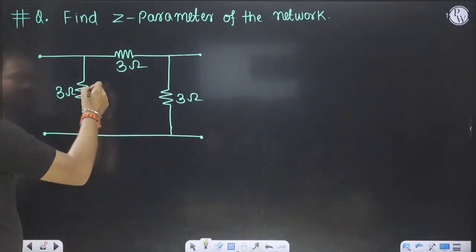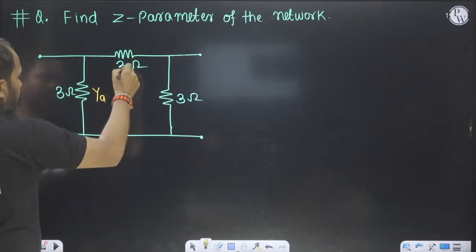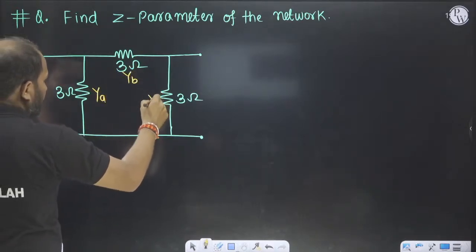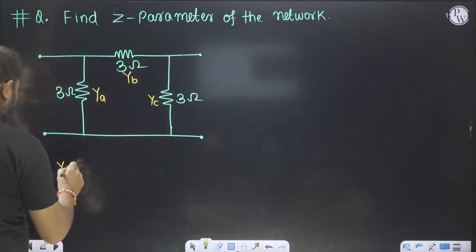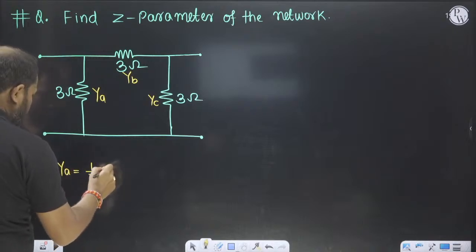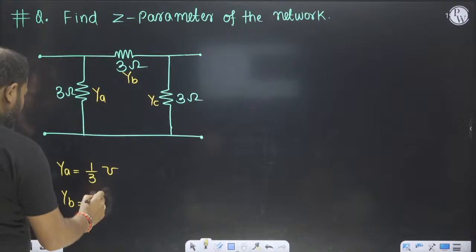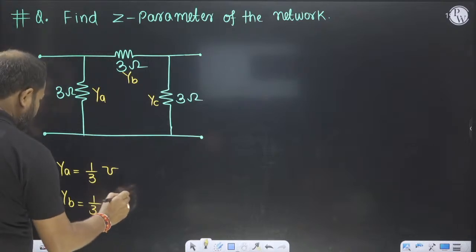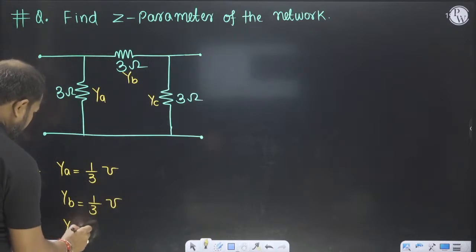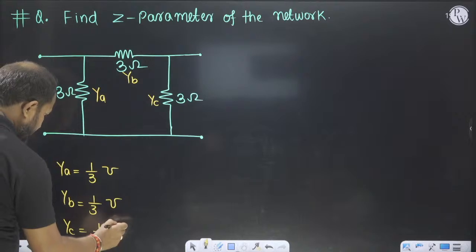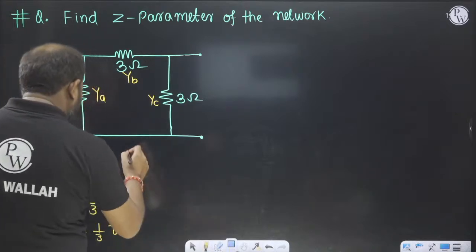What will I try? YA, YB and YC. YA is equal to 1 by 3 ohm. This is the error which the students make. YB is equal to 1 by 3 ohm and YC is equal to 1 by 3 ohm. Then we will calculate Y parameter.